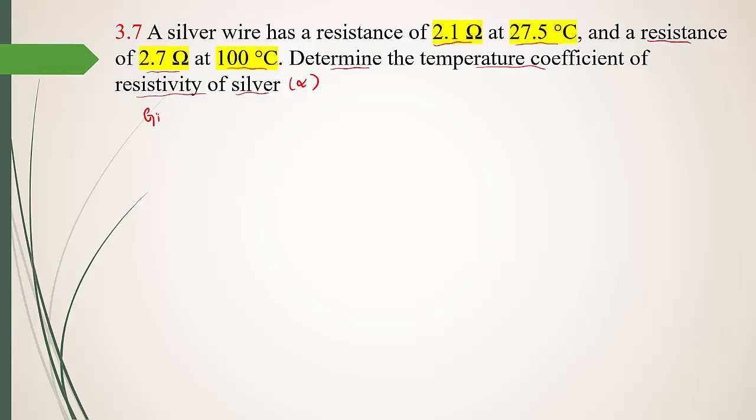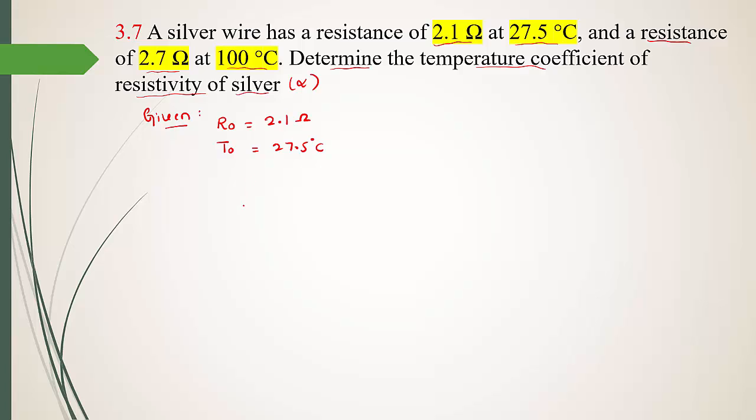So first we can write down the givens. A silver wire has a resistance of 2.1 ohm. That is the initial resistance. Let us take initial resistance as R0 and initial temperature as T0. R0 is given as 2.1 ohm and initially the temperature is 27.5 degrees Celsius.